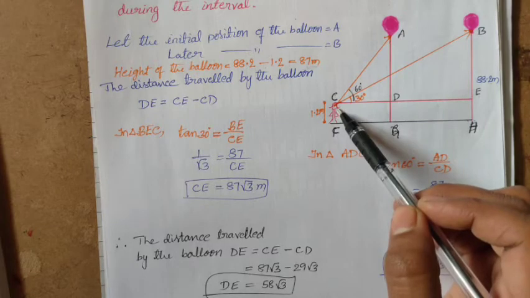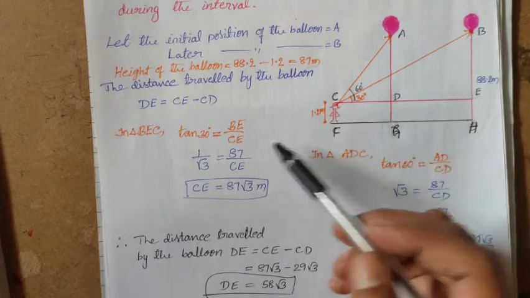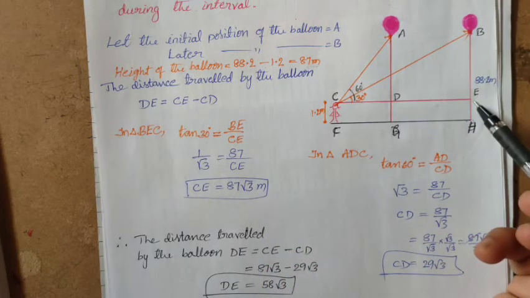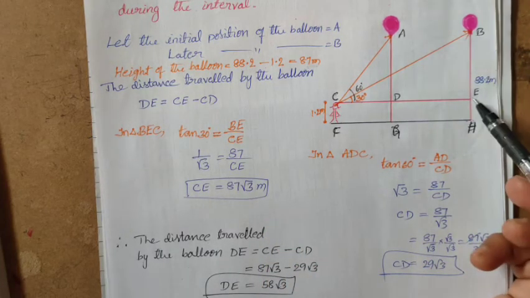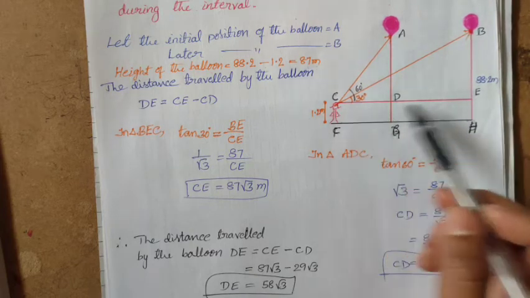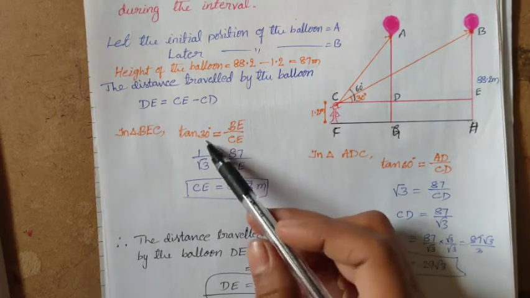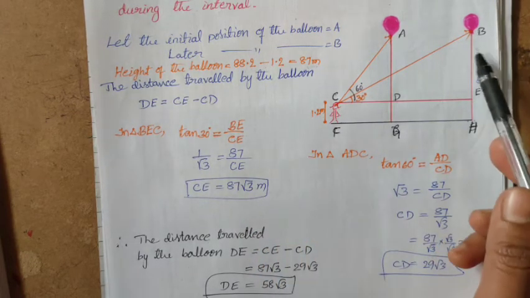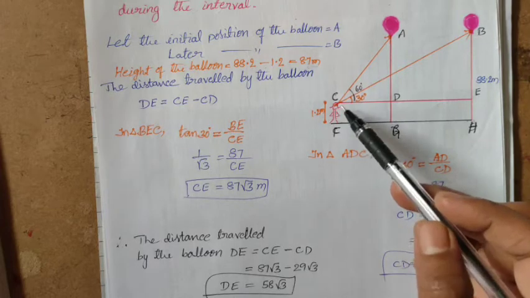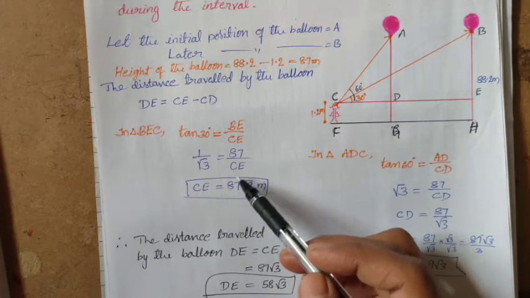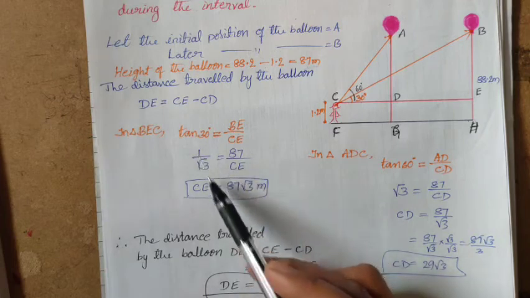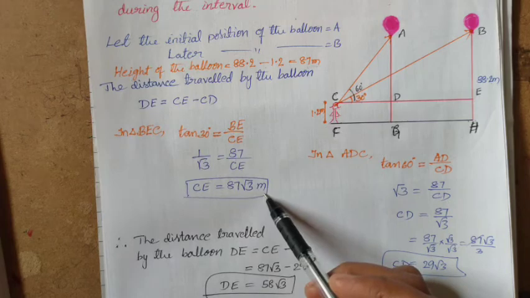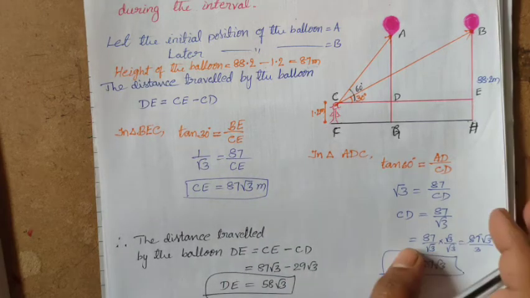In triangle BEC, the angle of elevation is 30 degrees. So, write tan 30. The perpendicular height, the opposite side B, divided by the adjacent side CE. Tan 30 degree value is 1 by root 3. B is nothing but 87. So, write 87 divided by CE. Now, you can cross multiply, then we get CE is equal to 87 root 3 meter. So, you can write in the box.